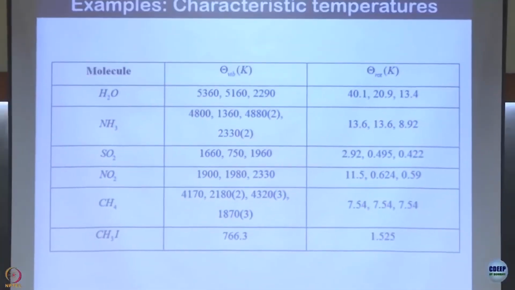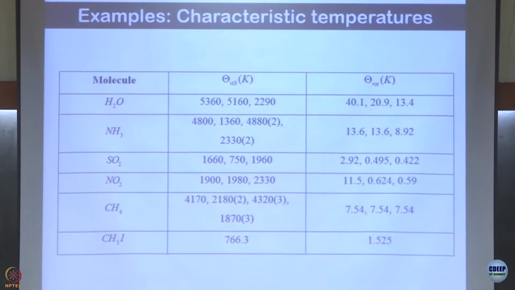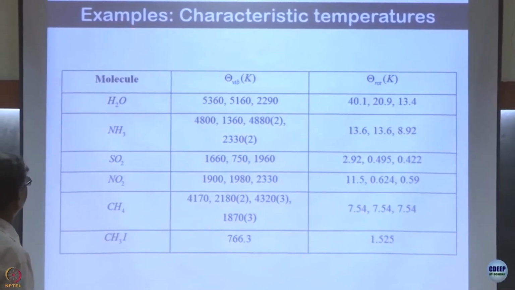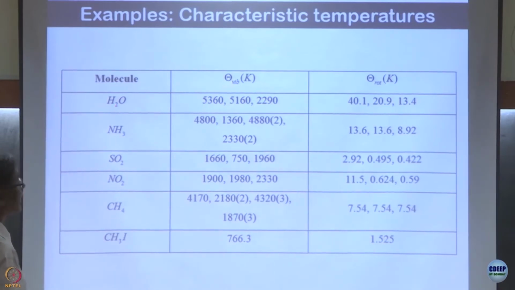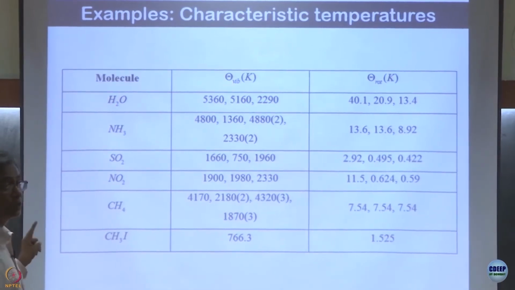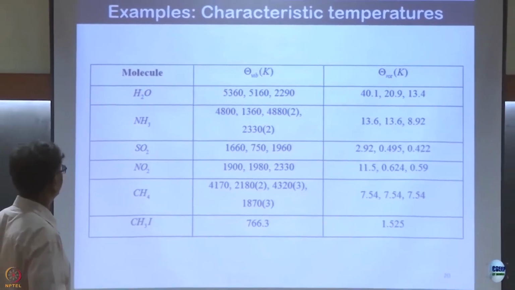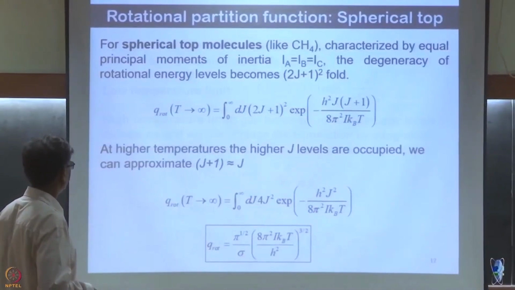So, all these things worked out now lead to this table that I wanted to talk of, the characteristic temperatures, and now we begin to see what is the low temperature, high temperature approximation. Look here, water, with respect to kBT, h nu by kBT, and similarly theta rotation is here.